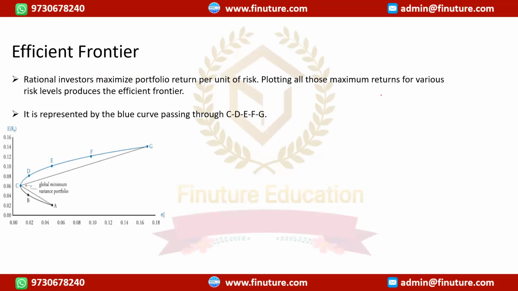Say, for example, you have to invest, say, $100, just for the sake of understanding, and you have two stocks, X and Y. So now, what should be your weight? Out of 100, how much should you allocate to X and how much should you allocate to Y? So that's where efficient frontier comes into the picture.